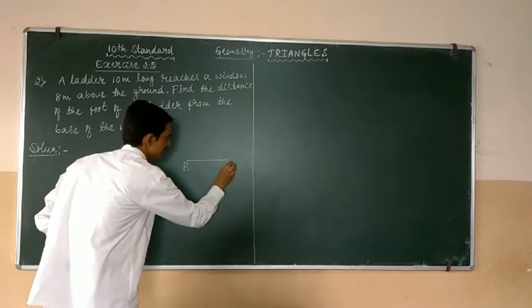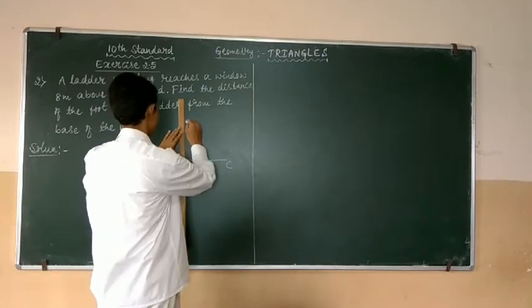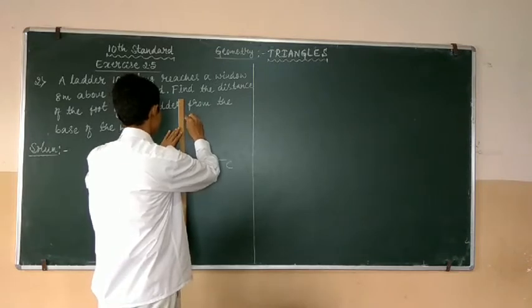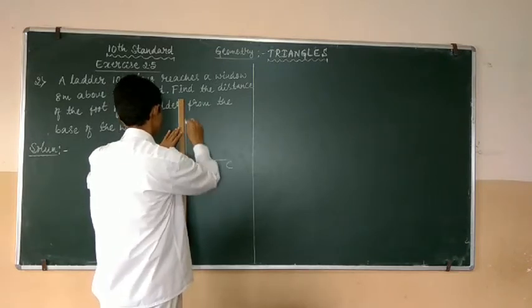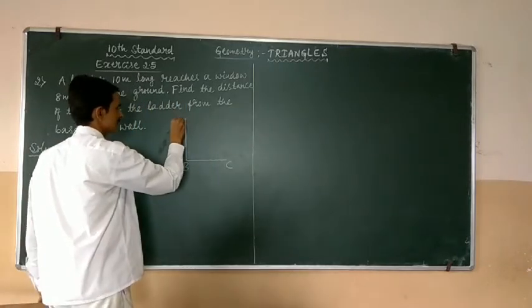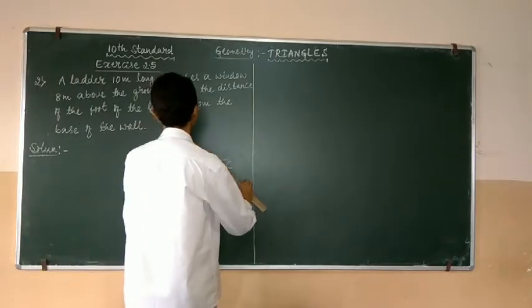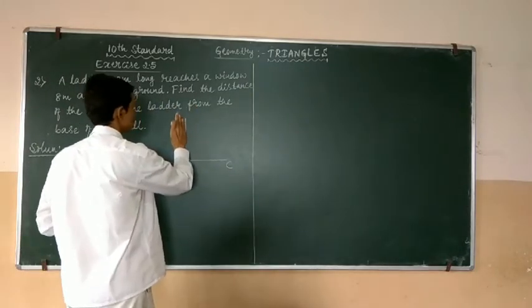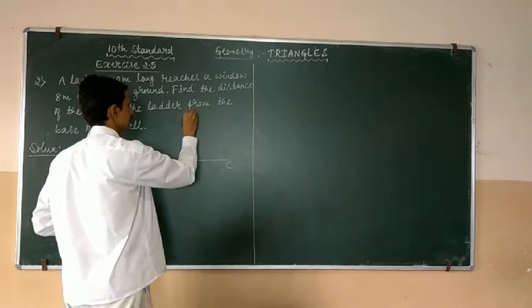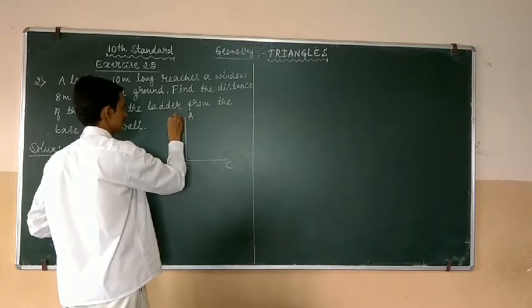If BC is the ground and AB is the wall, consider here there is a window.